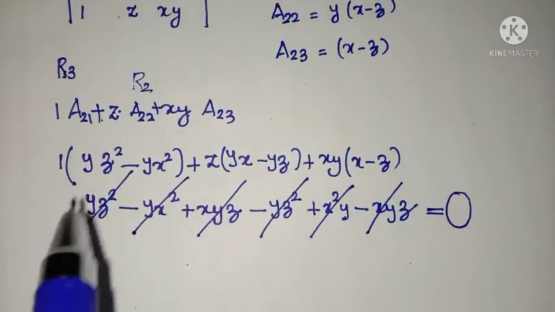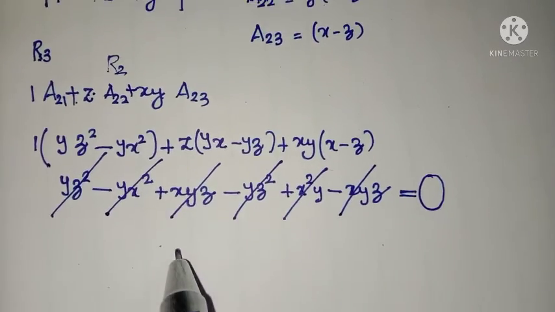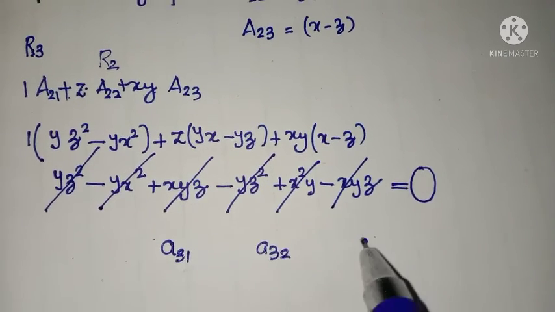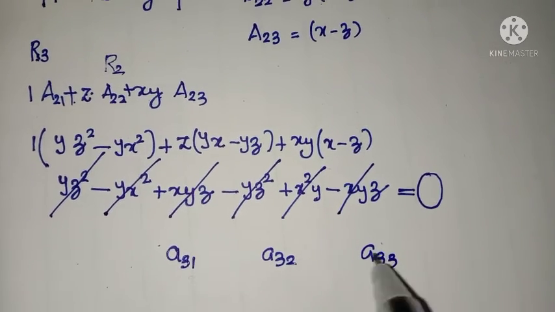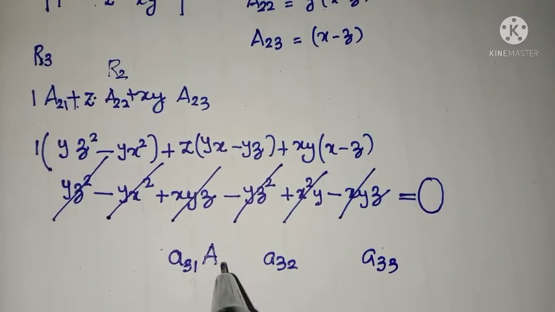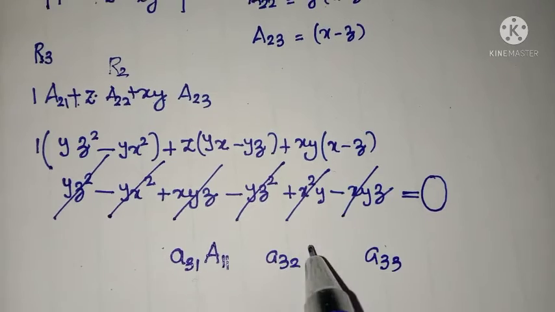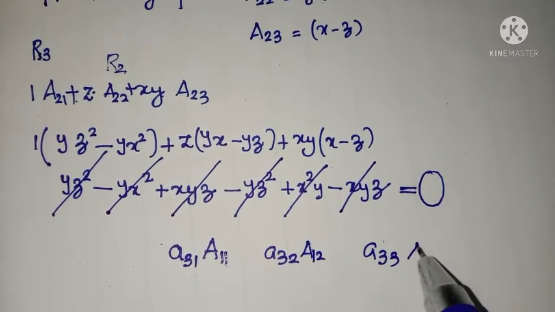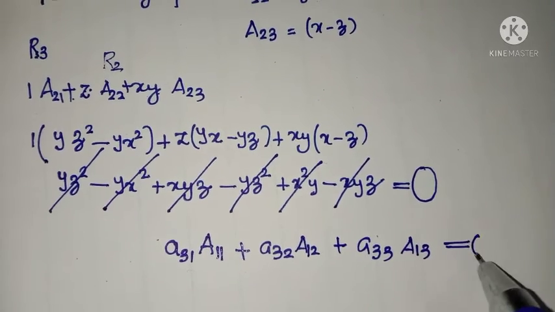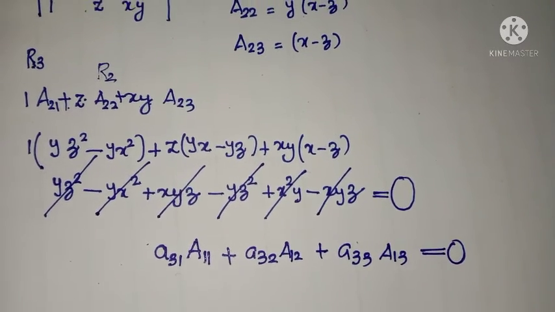This is a very important example. That is, if we consider the third row elements and multiply them with cofactors of any other row, suppose A11, A12, A13, then their sum is always equal to 0. Okay, children?